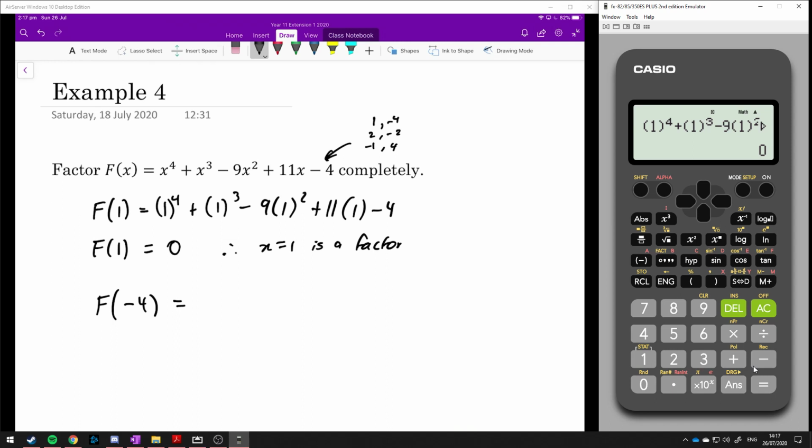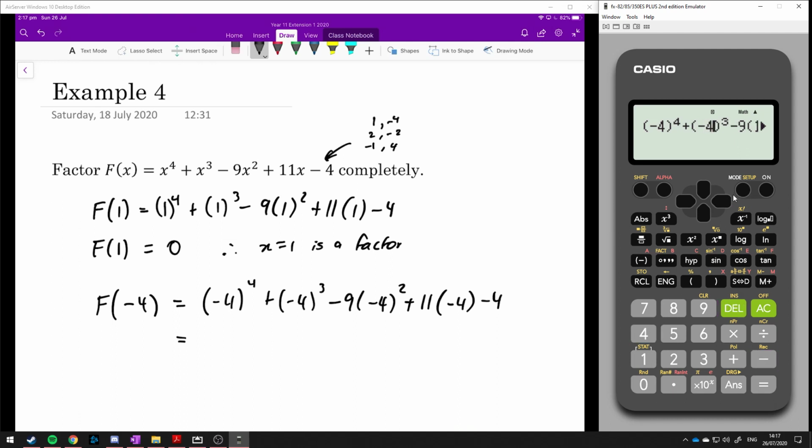So substitute it in: minus 4 to the power of 4 plus minus 4 cubed minus 9 lots of minus 4 squared plus 11 lots of minus 4 minus 4. This is why I like using the calculator, because you can quickly change the values. And this is why I tell people to use brackets, because you can literally see which number needs to be replaced.